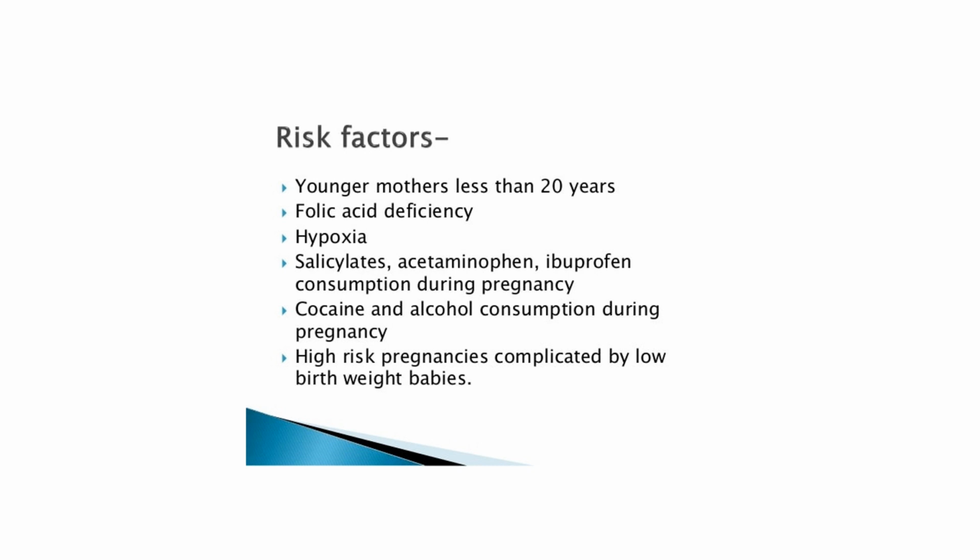And next, of course, folic acid deficiency is also one of the main factors to develop omphalocele and gastroschisis. And if the mother consumes alcohol and cocaine during pregnancy, that is also one of the most common factors to develop omphalocele and gastroschisis babies, okay.